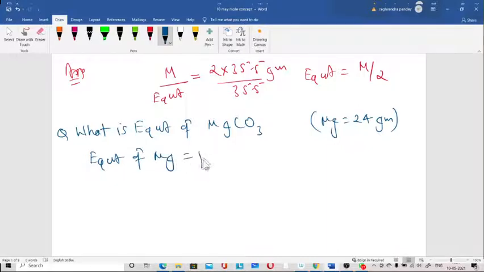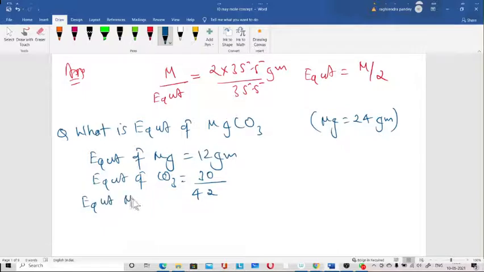So that is your 12 gram. 42 is the correct answer. Then equivalent weight of carbonate is 30. So you add them, 42. So that will become equivalent weight of magnesium carbonate. Okay, so this is the answer.